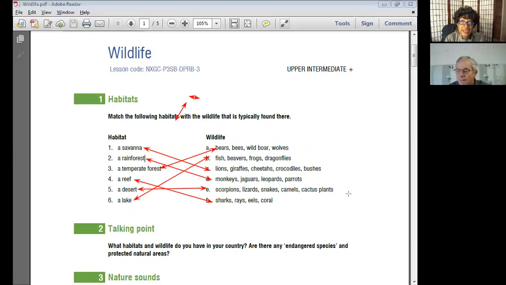Do you know that not only are there habitats in your country, habitats are everywhere. For example, a tiny little ant can create its own habitat. And a habitat then becomes just a place where something or someone lives. For example, my habitat is my home.